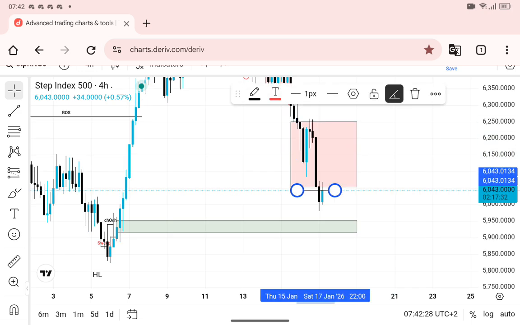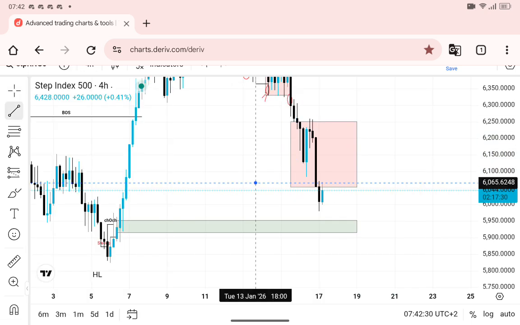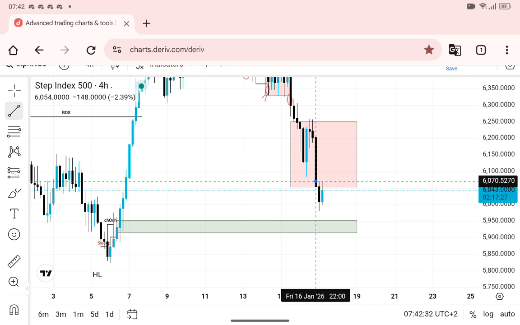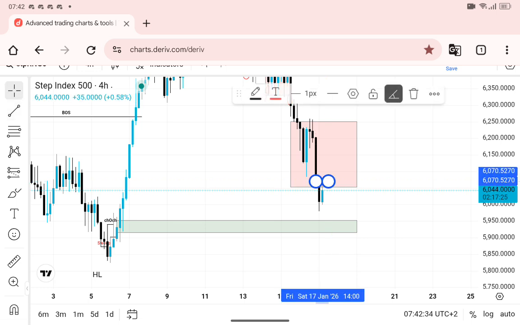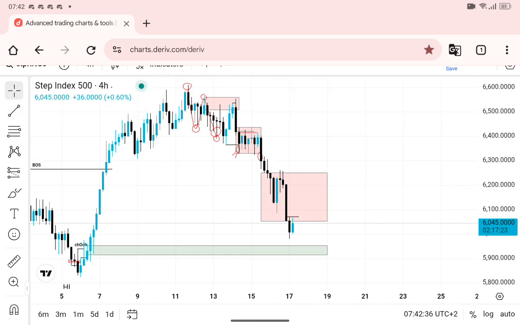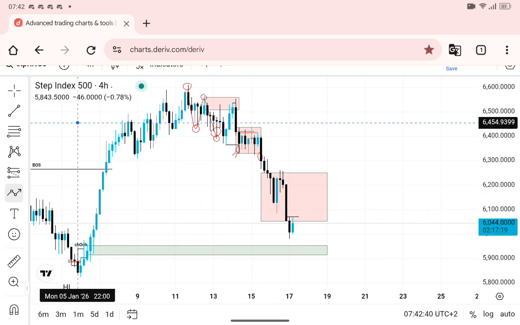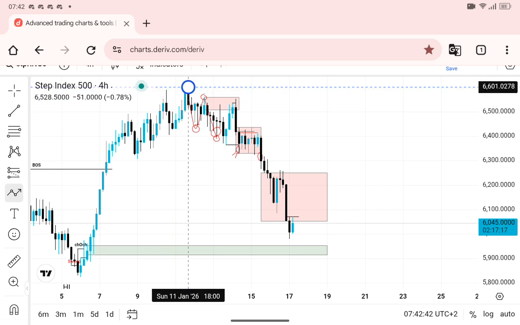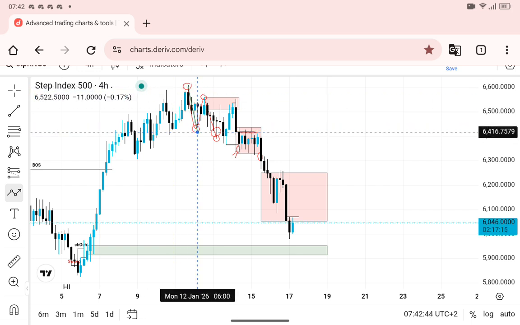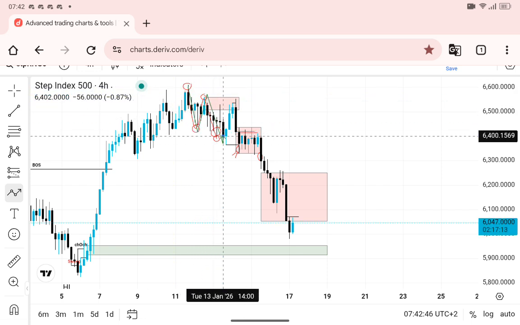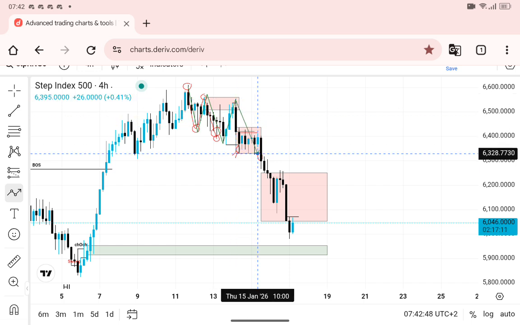When they fail to close above, because once they close above, that means a new lower low has been generated. Looking at the structure, it's still bearish: the trend is bullish outside, but internally the bearish movement started, lower high, lower low, lower high.